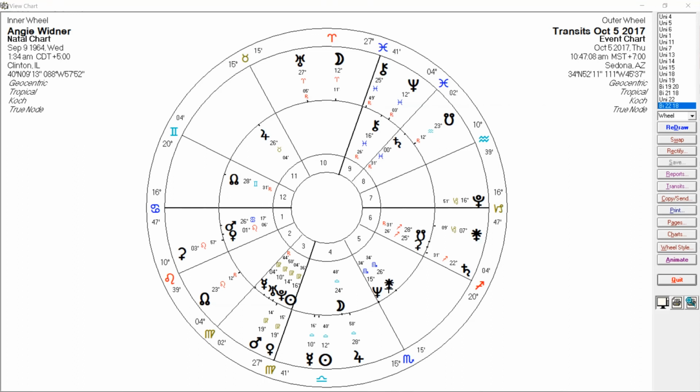Now, if we look at Angie's chart, we saw the Mars-Venus. She's also going to be very responsive to the Neptune-Jupiter opposition. Not only when they're opposing, but anytime there is a significant aspect between Jupiter and Neptune, something is going to be activated.